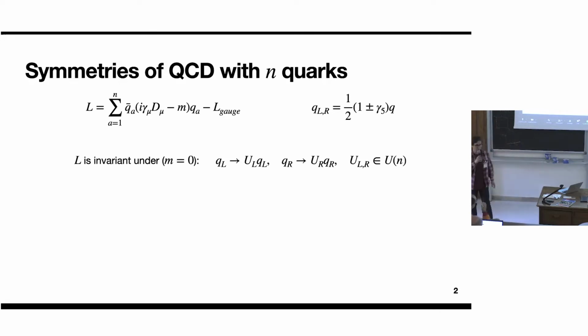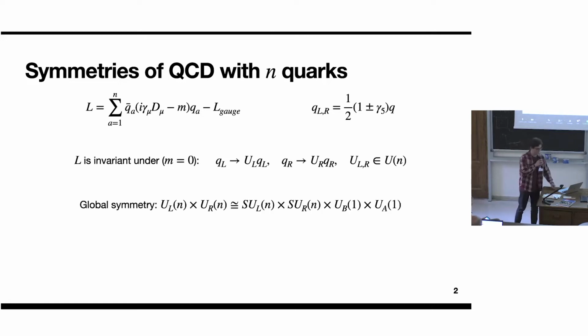The symmetry of the Lagrangian in this case is U(N) times U(N). The first is for the left particles, the second is for the right particles, or equivalently it's SU(N) cross SU(N) cross U(1), or cross U(1).